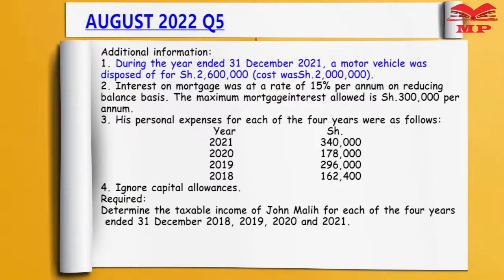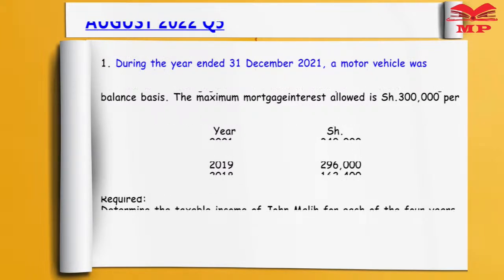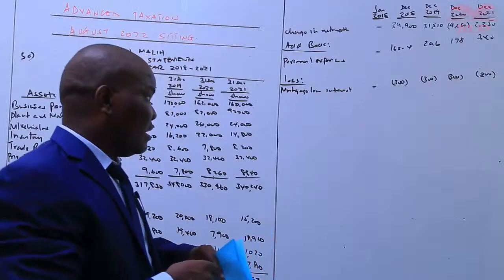Information 1. During the year ended 31st December 2021, a motor vehicle was disposed of for 2.6 million. The cost was 2 million shillings. What does that mean? It simply means the firm made a profit from disposal of this motor vehicle. So what was the profit? We have the sales proceeds of 2.6 million and cost of 2 million, meaning the gain was 600,000.